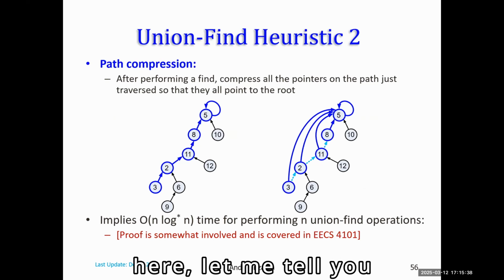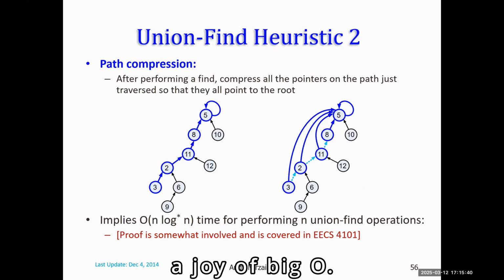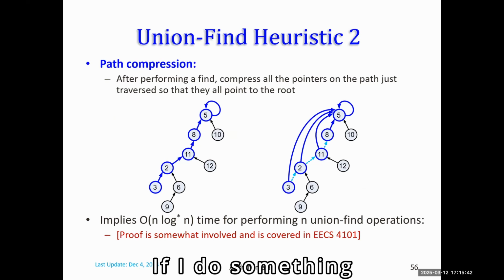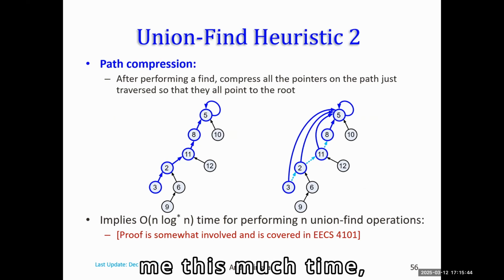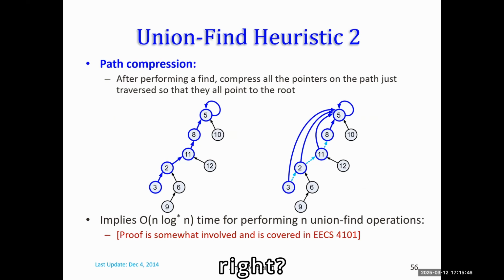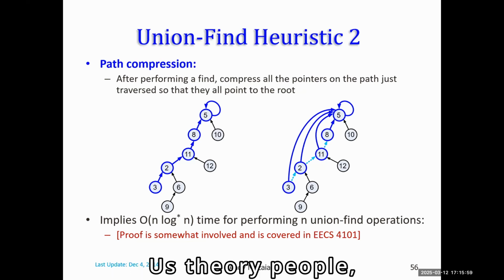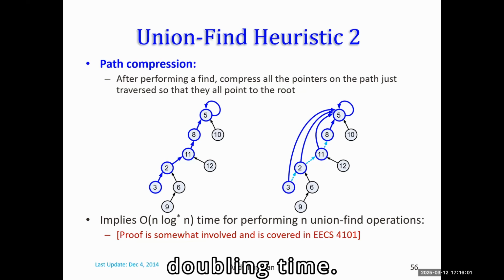All right, so now, what do we get? Here, let me tell you a joy of big O. If I do something and it takes me this much time, and for some reason I decide I want to do it again, does it change the big O if I only do it twice? It just doubles my time. Us theory people, we don't care about doubling time.